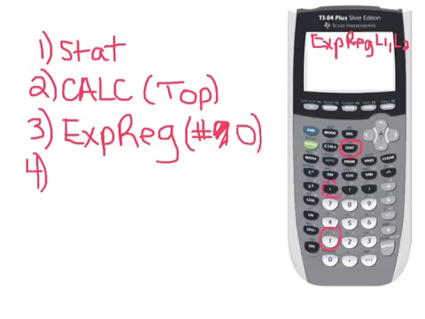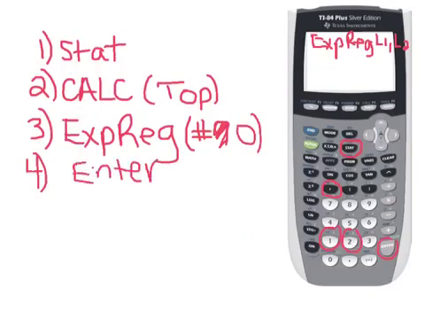The comma button is right here, and then L2 can be found by pressing second and 2. Once you press the enter button, that'll give you the exponential equation. Those of you that have the newer operating system on the calculator, you can just make sure your data is in list 1 and list 2 and then press calculate. So then we'll just press enter.